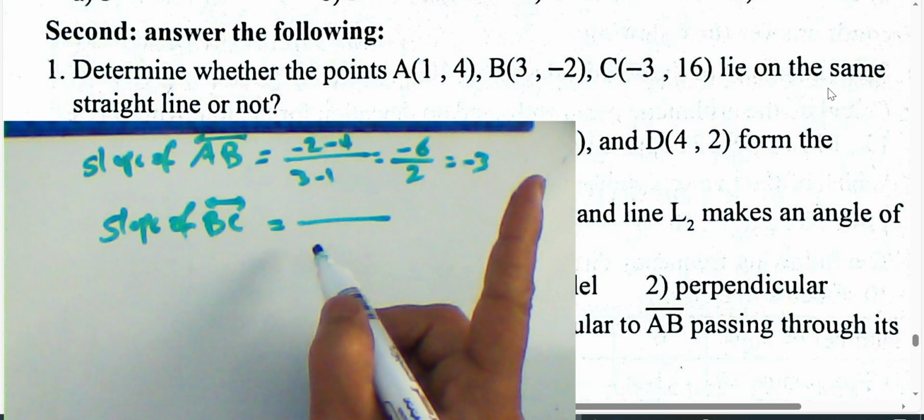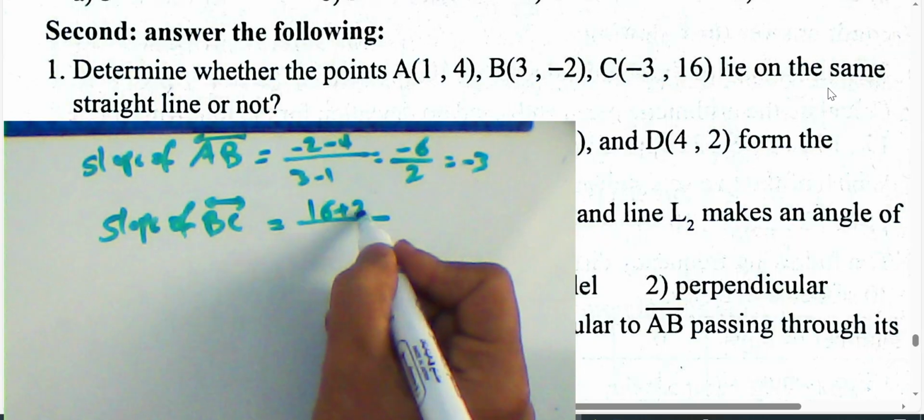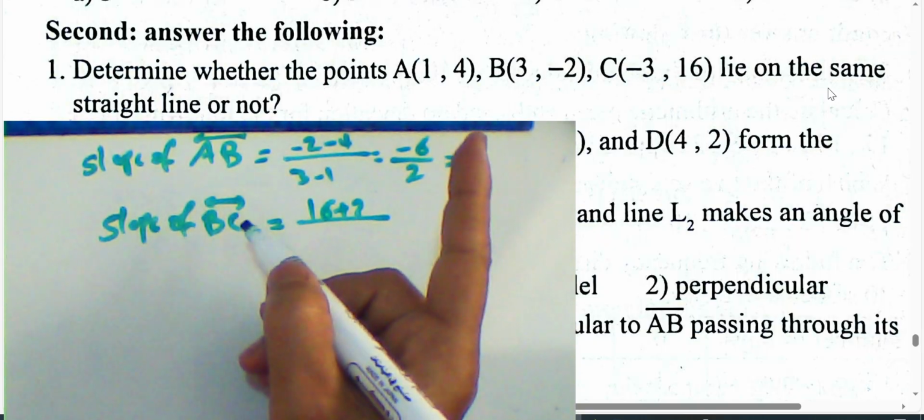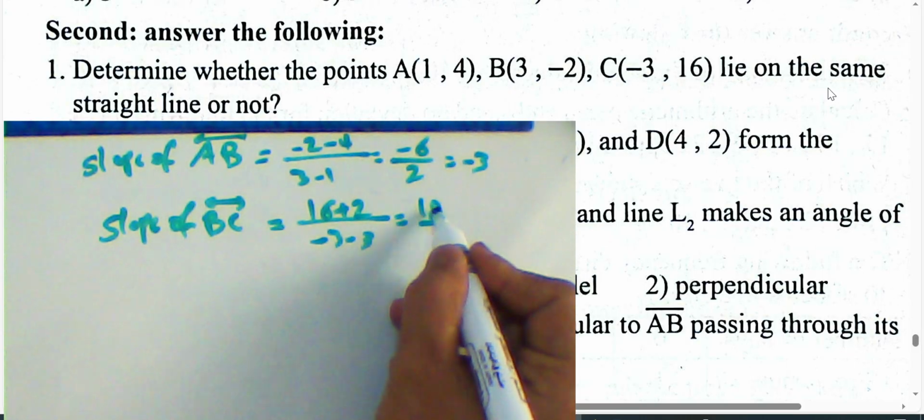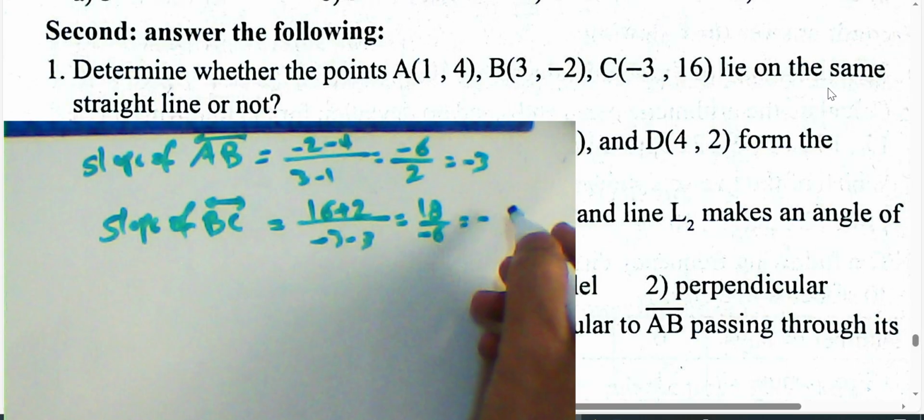BC: y2 minus y1 is 16 minus negative 2, which is 16 plus 2, and x2 minus x1 is negative 3 minus 3. 16 plus 2 equals 18 over negative 6, the result will be negative 3.